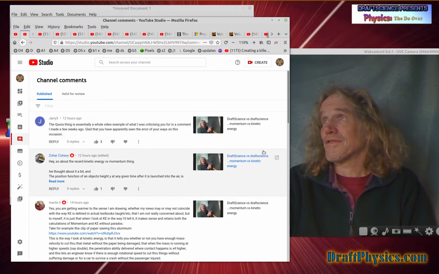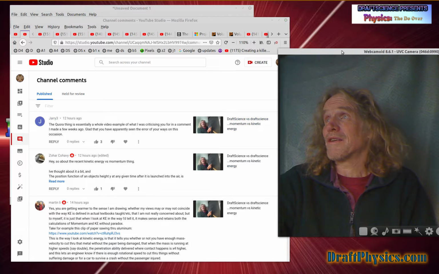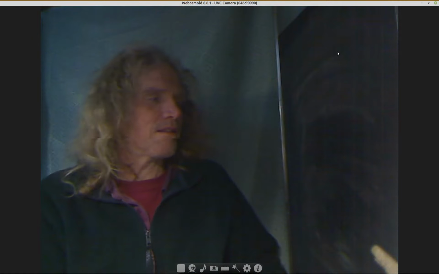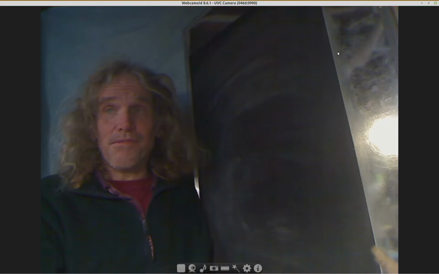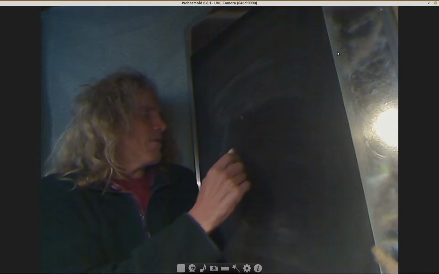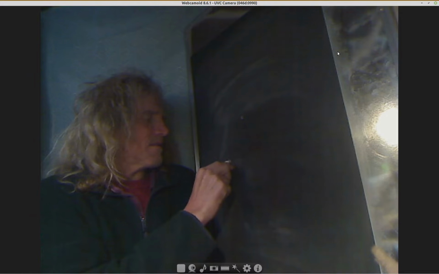So I'll illustrate this because this gets right to the point of why I think you people are defending this stupid equation, the kinetic energy equation, as having any real meaning at all as good physics. Because the argument is, okay, I want to double something's velocity.